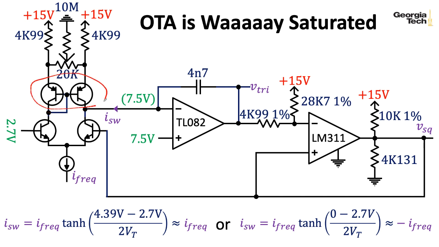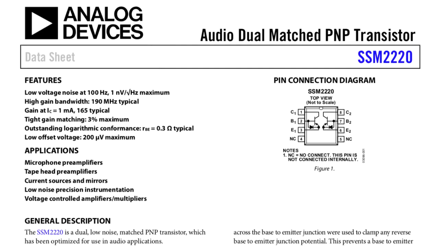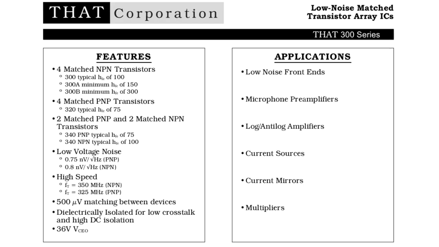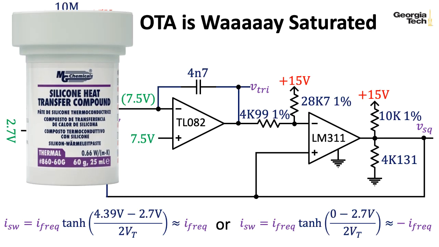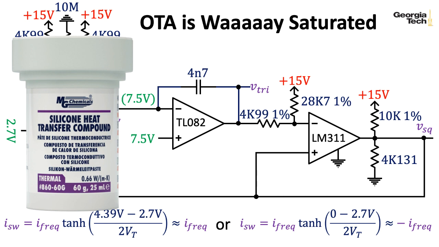So you'll typically select a matched pair of transistors for this PNP, and these are transistors that not only have matched characteristics in general, but are also hopefully on the same die, so they stay at the same temperature. And if they're not on the same die, then you at least have selected two discrete transistors with similar characteristics that you've smushed together with some heatsink compound to make sure they stay at the same temperature.